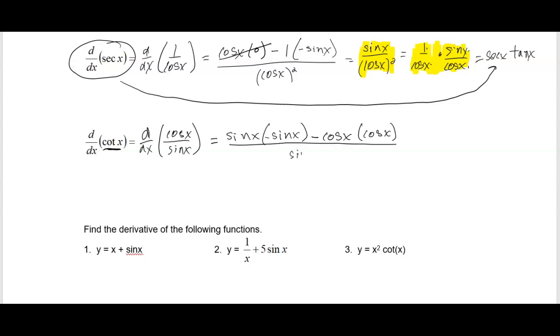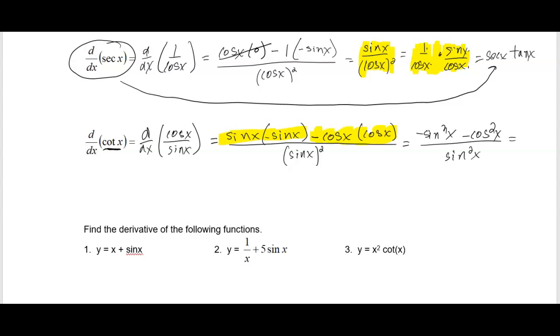All divided by your denominator squared. Simplify this. When we multiply these two together, that's a negative sine squared of x. When we multiply these together, we get a negative cosine squared x. And then that all gets divided by a sine squared of x.